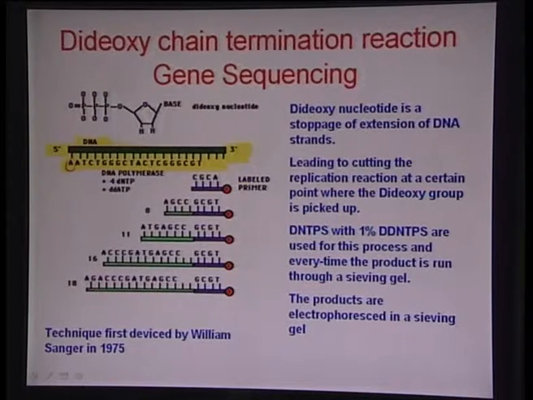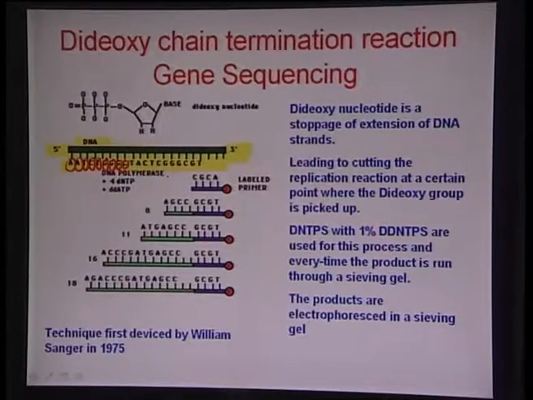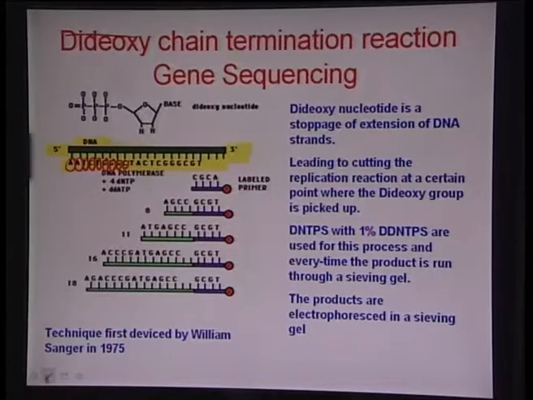So, as you are seeing here, these molecules A, T, C, T, G, G, G, C and so forth is the sequence of information that is really not visible at the outset when you have this DNA molecule with you. You want to find out what is there in the sequence looking at this molecule as a whole. So, this reaction is also popularly known as the dideoxy chain termination reaction. Okay. Dideoxy chain termination reaction used for gene sequencing.